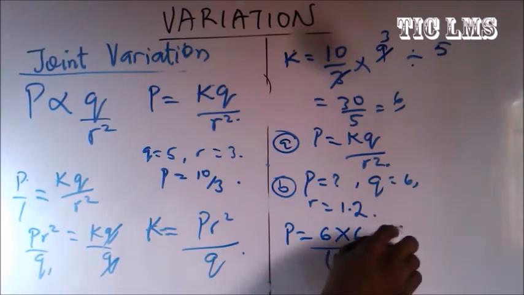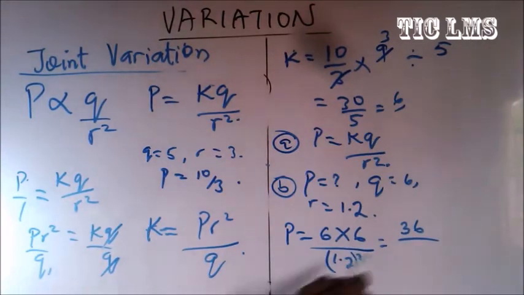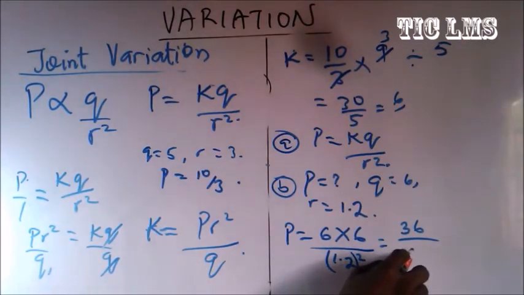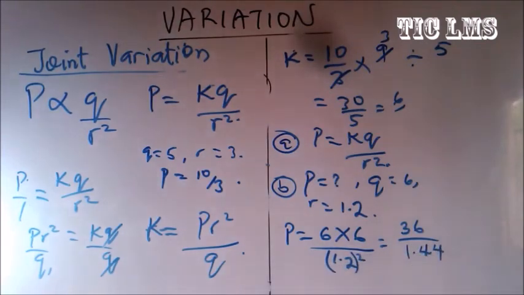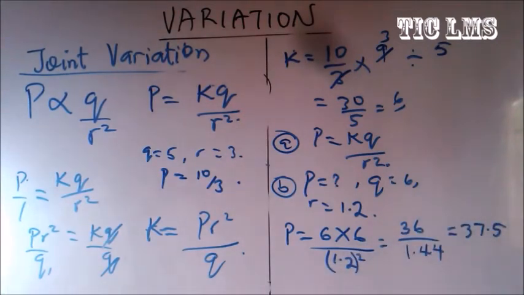So we'll have 6 times 6, which gives us 36, over 1.2 squared is 1.44. And so we'll divide it, 37.5. So that is the value of P.